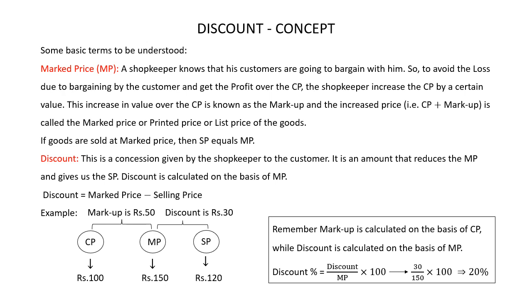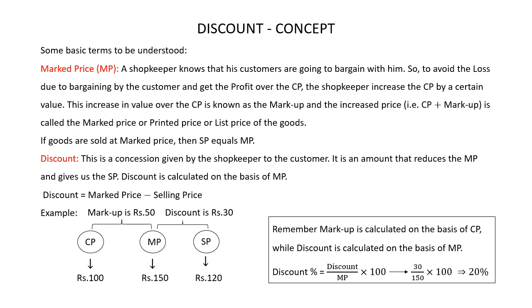So remember all these terms. The shopkeeper buys an article from the manufacturer at the cost price. Then he increases the cost price by a certain value, which is the markup. Cost price plus markup gives the marked price.